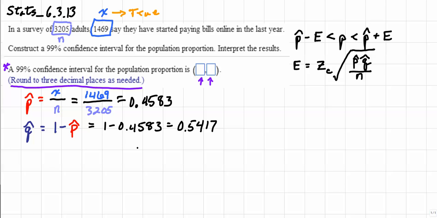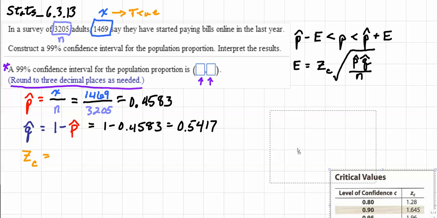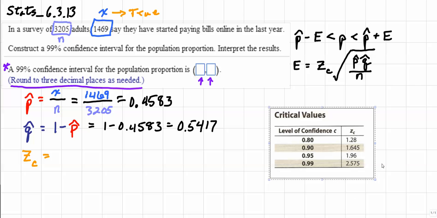Now, I already know what n is and I know what x is. The last thing that I'm missing is z sub c. The critical value is going to come straight out of the normal distribution table. We look at the critical value table, which is on the first page of your normal distribution, and see that our level of confidence, C, is in this first column.